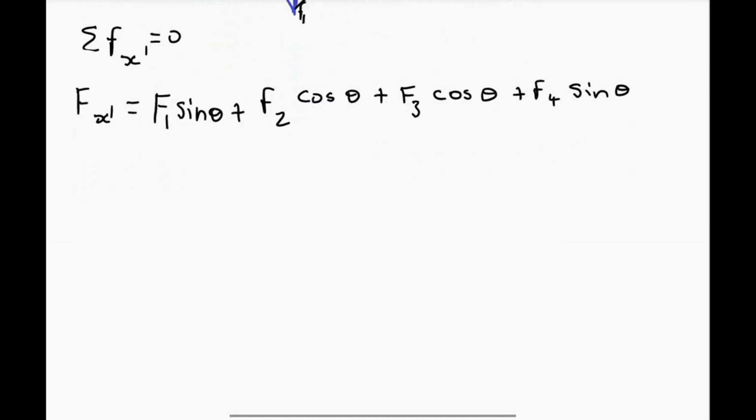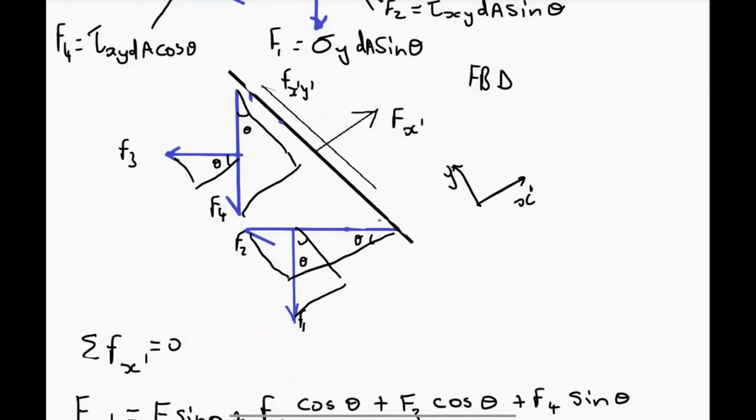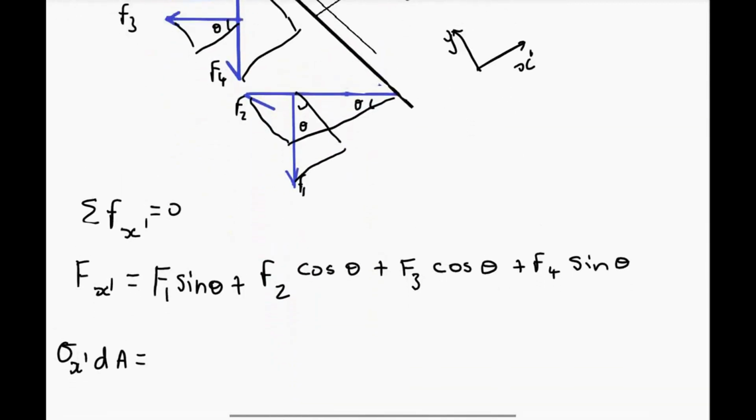Now I want to substitute my values, what F x prime was and what the others were. My F x prime was sigma x prime dA. My F1 was sigma y dA sin theta, so with the other sin theta we have sin squared theta.